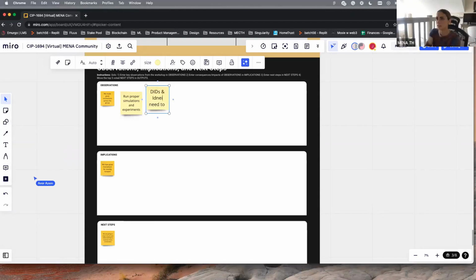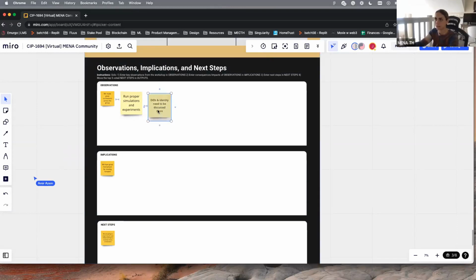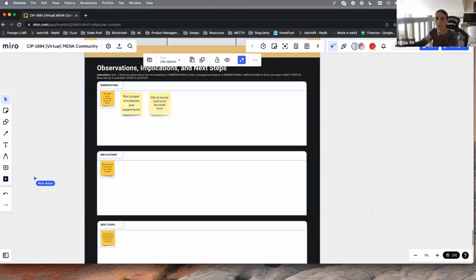So another observation I'll tell you guys as well is DIDs and identity and how to add that into this, which would play a huge role. I think Kenrick, this one guy I work with, mentioned that he talked to Dor, or someone who was one of the initial creators of this proposal in Voltaire.